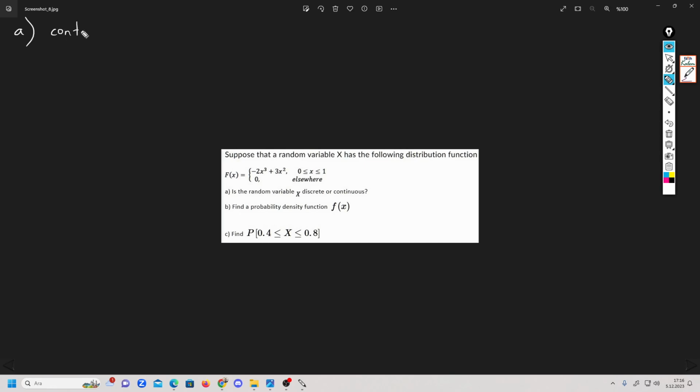The answer is continuous because it is given with interval x is between 0 and 1. And the question part B, find the probability density function. You see it is different. The capital F is different from this.